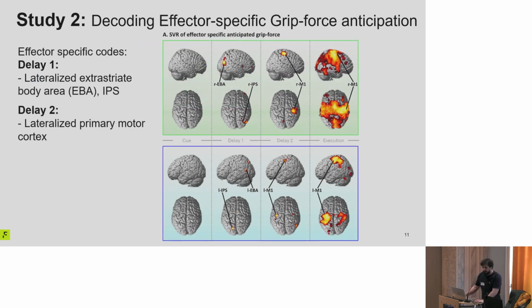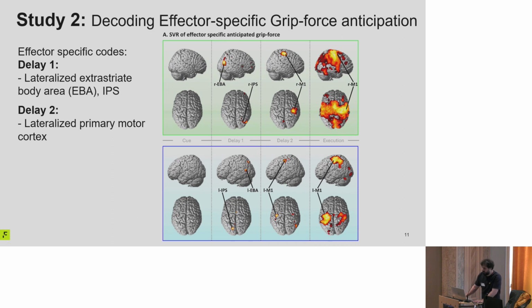As results, we used basically the same decoding pipelines, but in that case we split them in two based on the hand with which participants prepared the action. Results show, consistently with the previous study, no effect during the cue period. In contrast, during the first delay period, we found systematic lateralization in contralateral EBA and IPS for the encoding of grip force intensities.